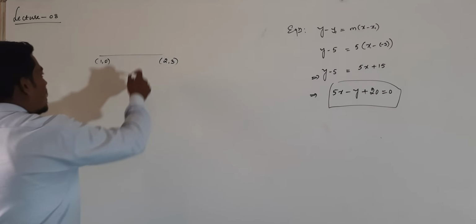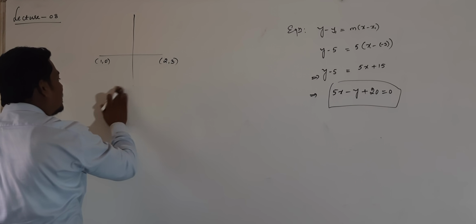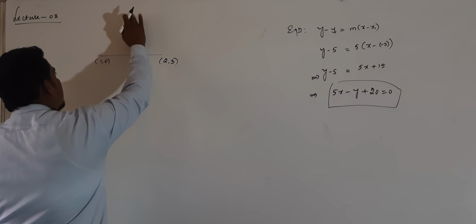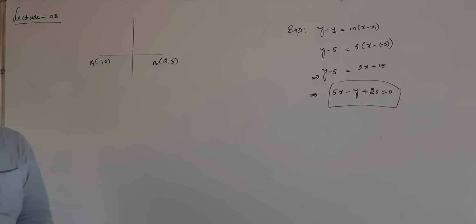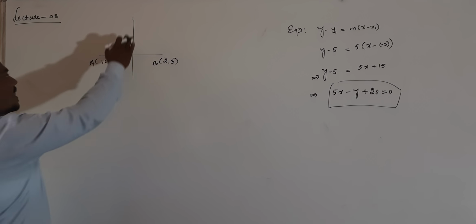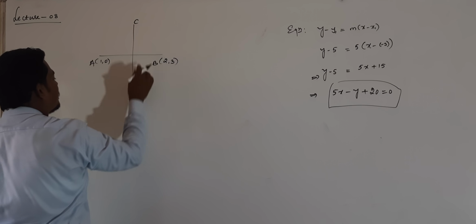Then find the equation. Our required line is perpendicular to this line AB. It is one of the conditions, right? This is our required line, and take this as CD line, right?